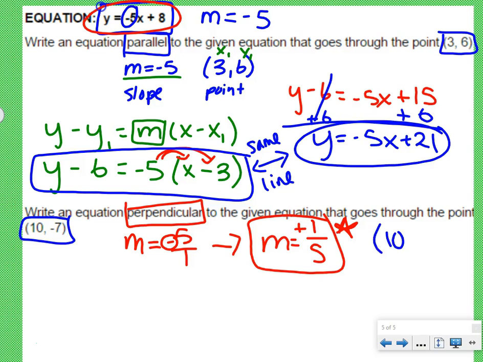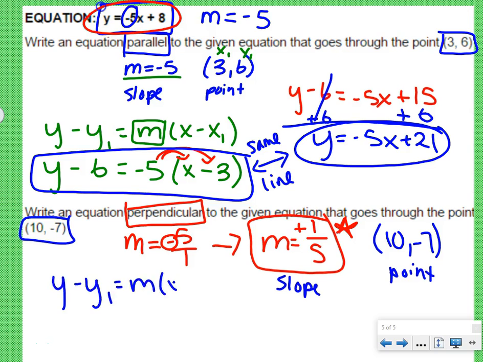So again, I'm looking at the information I have. I have a point, I have a slope, which means point-slope form is going to be the best way to write this equation. So we set up the generic version of point-slope form, y - y1 = m(x - x1).